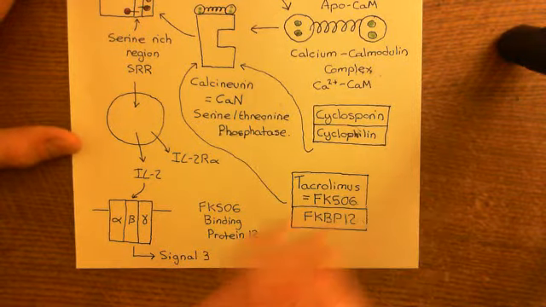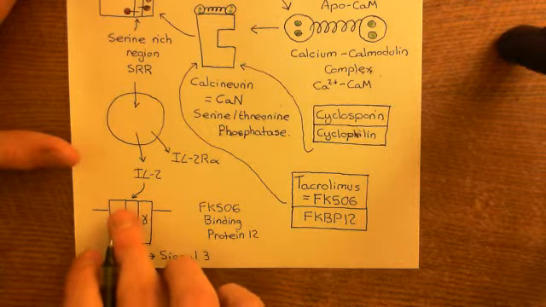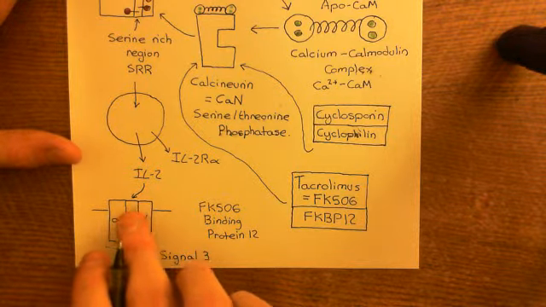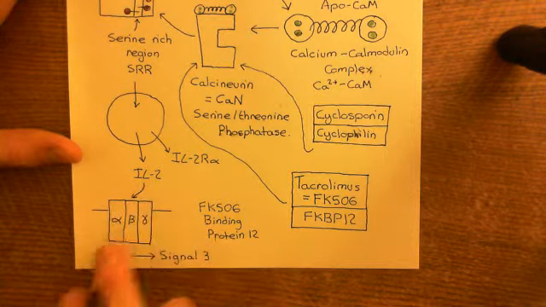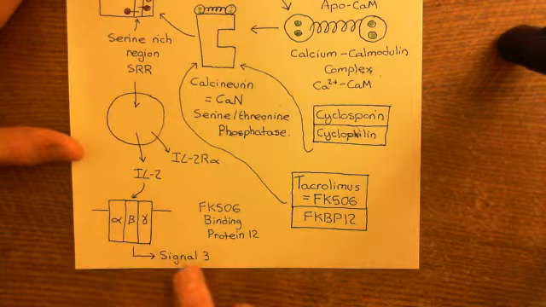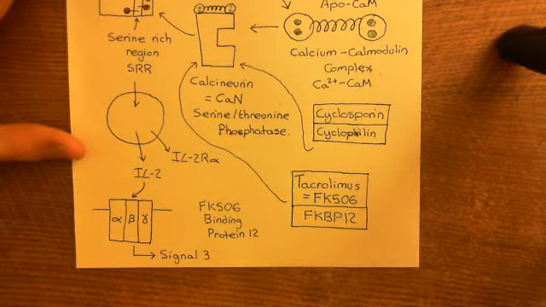Now just before we get to that, there are drugs which will bind to the extracellular domain of the interleukin-2 receptor and block the interleukin-2 from being able to bind to it, and therefore block the interleukin-2 from generating signal 3 within our CD4 positive naive T cell, or maybe a CD8 positive naive T cell, or maybe a memory T cell of some form.